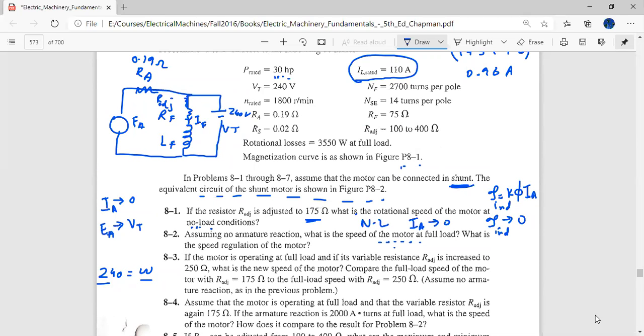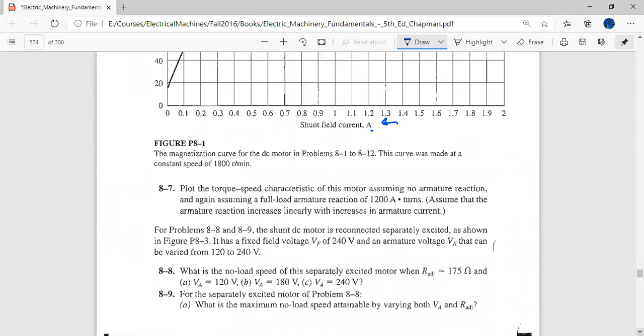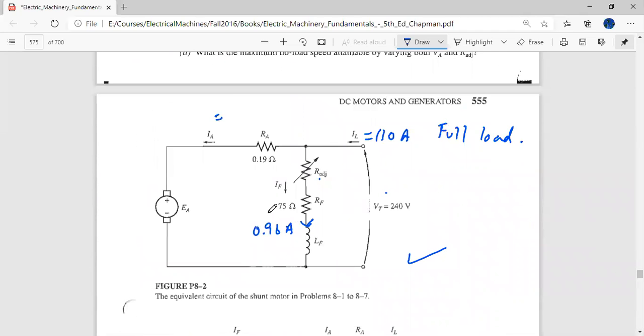So my new value of IA will be equal to 110 minus 0.96. So the new value will be equal to how much? My IA full load value, 110 minus 0.96, is equal to 109.04.